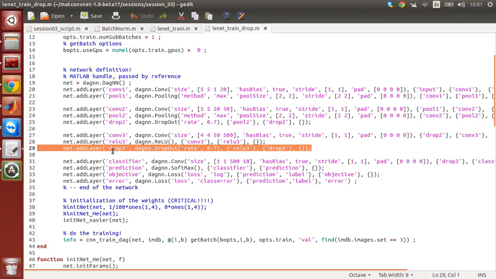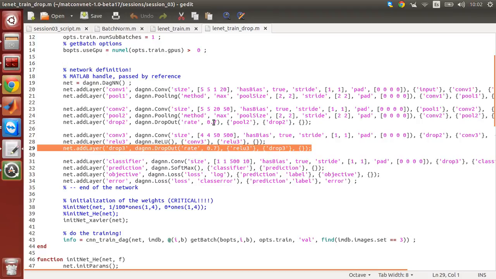So I have set the dropout with a drop rate of 70%. It's quite high. Usually people use 50%, but I wanted to show you how to really force the avoidance of overfitting in a drastic way.